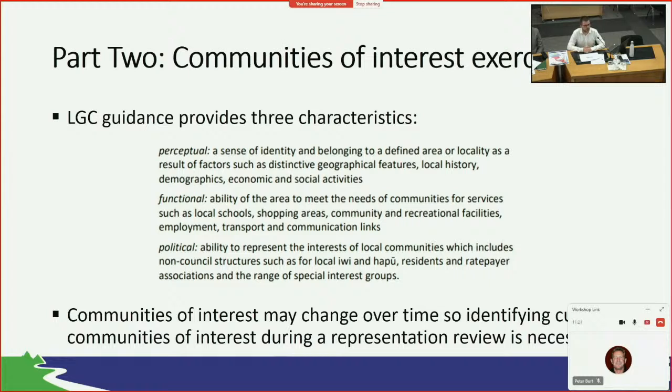The key thing to note, or 2 key things to note, is firstly they change over time or may change over time, so it is necessary to review and reflect on them whilst doing a representation review. It cannot necessarily be assumed that they are the same.